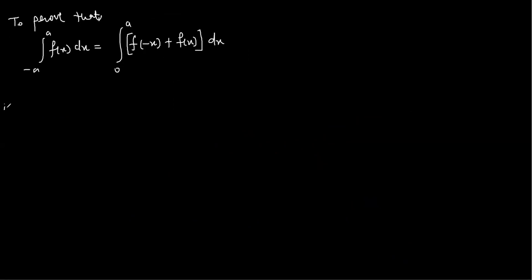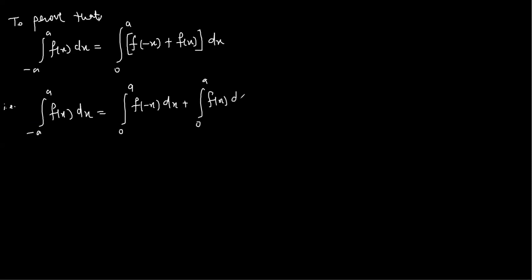So I write that minus a to a f of x dx is equal to, let me split this, 0 to a f of minus x dx plus 0 to a f of x dx. So this is my actual goal. Now here I will begin with the proof.